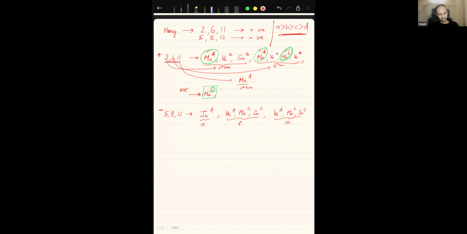Next, Venus. Which is the highest power of Venus? A. For 2, 6, 11 as a group, A is the highest power. Good. Next, we have Saturn. Which is the highest power of Saturn?